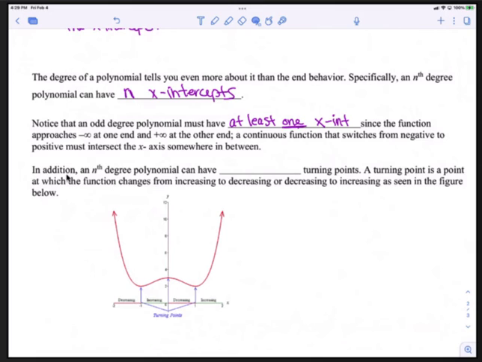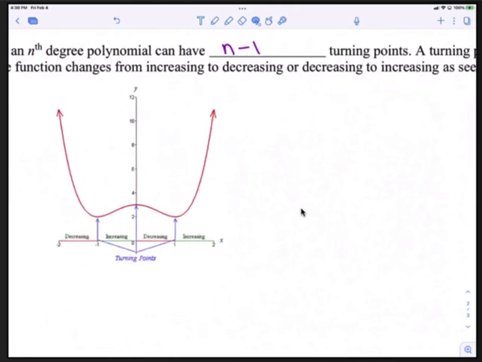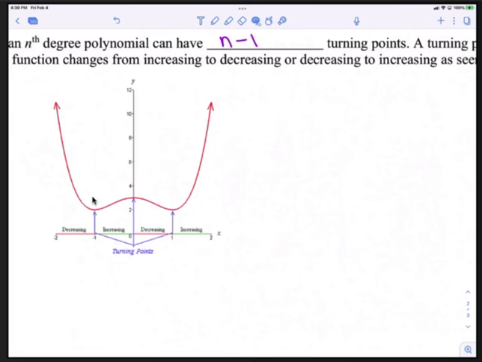And in the last paragraph, in addition, an nth degree polynomial can have up to n minus 1 turning points. A turning point is a point at which the function changes from increasing to decreasing, or from decreasing to increasing, as seen in the figure below. So this to me looks like it could be an x to the fourth, or a fourth degree polynomial, and you'll notice that it has 1, 2, 3 turning points.